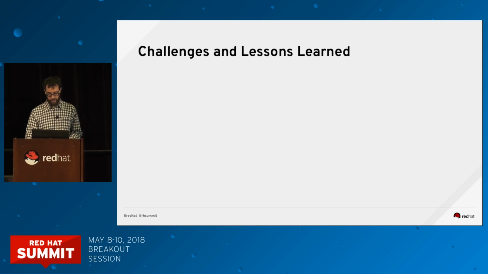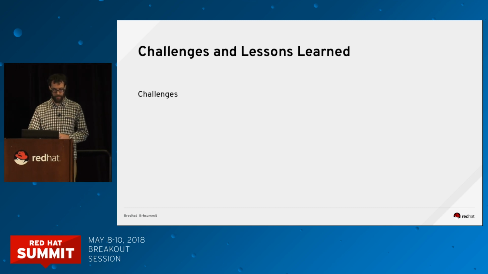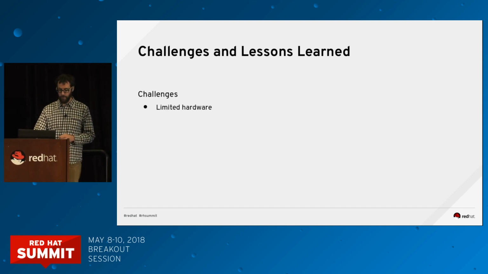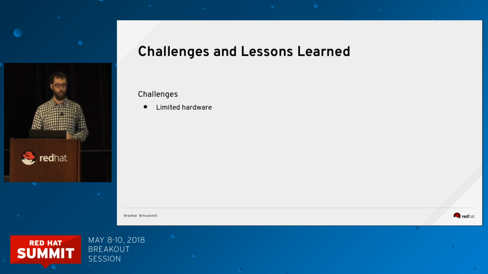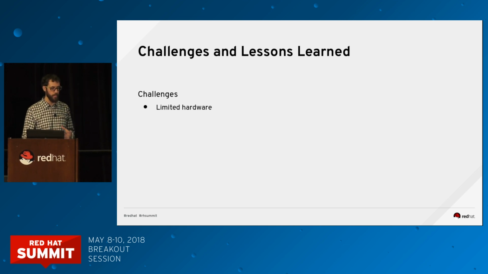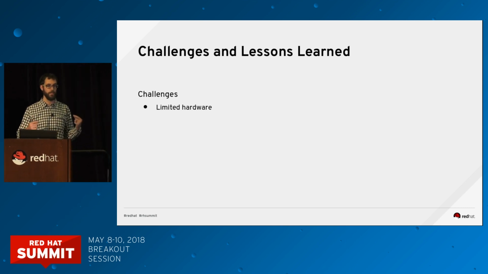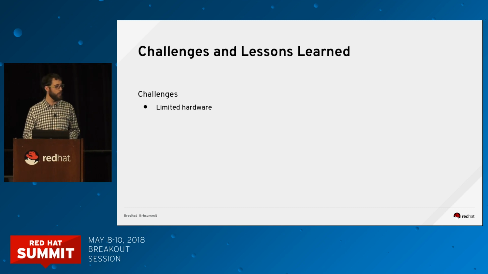So on to some of the challenges and lessons learned. Starting with challenges, first and foremost, we had limited hardware. We quickly realized that with everything running local and trying to do this at scale with all 15,000, we needed to spread this across more Tower hosts, and we just needed more resource-laden VMs.